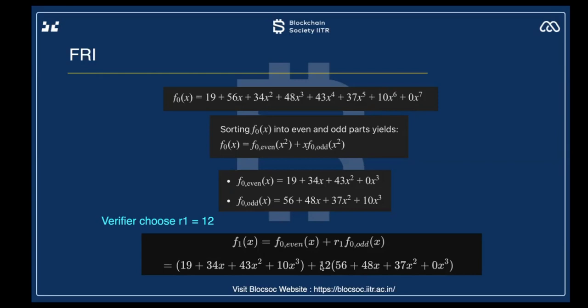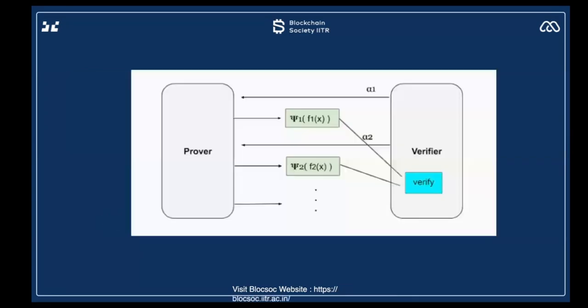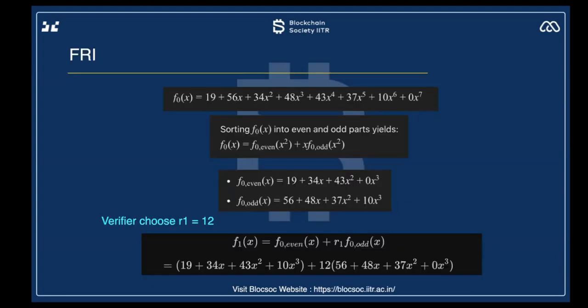So you can see that in log d steps you are able to reach the constant polynomial. That's where the log d factor comes from. Further on I will discuss how the verifier can then verify the proof. All the log d polynomials generated in this step, the prover will store.